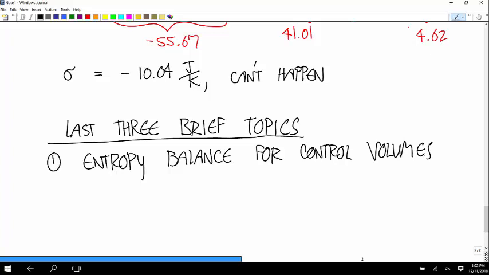Just like with the first law of thermodynamics, we first went through stuff where our system is a fixed amount of material, and then we went to the mathematically more complicated case where material is moving in or out of the system. We're going to do the same thing now with the entropy balance.